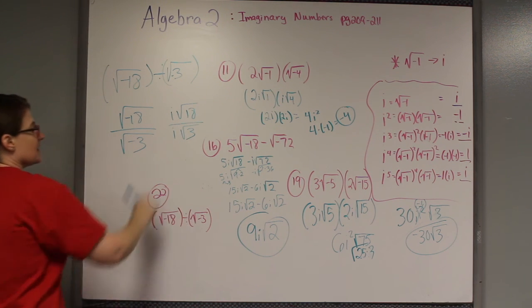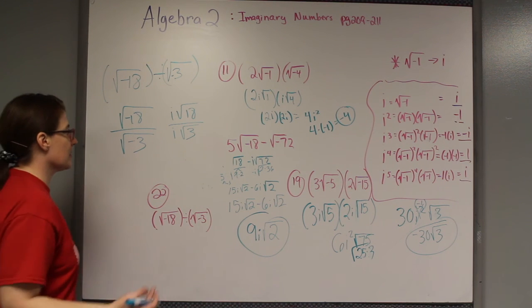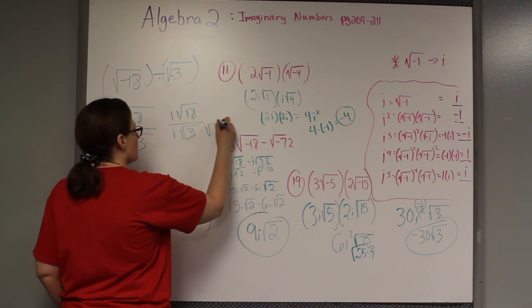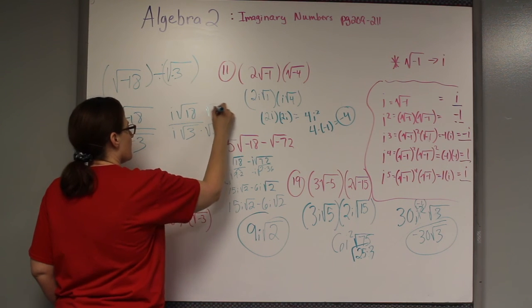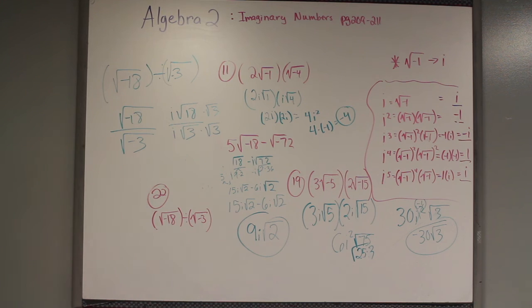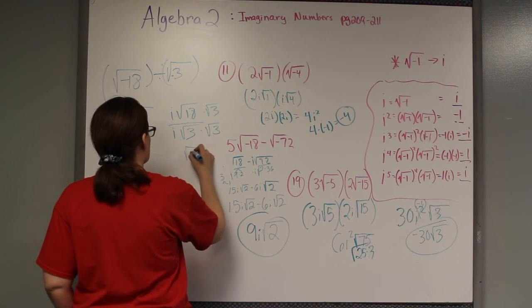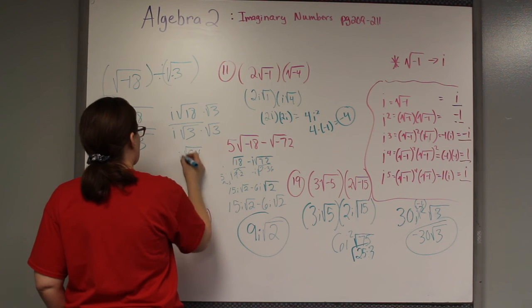And then I've got to get rid of the 3 on the bottom. It can't stay there because no radical's in there. So I'm going to multiply by radical 3 on both. And 3 times 18 is 54. So I'm going to have radical 54 at the top with an i out there.